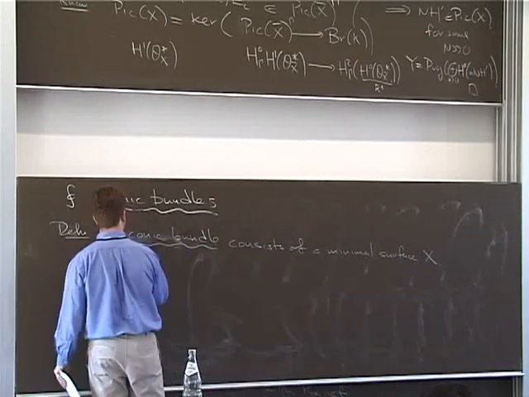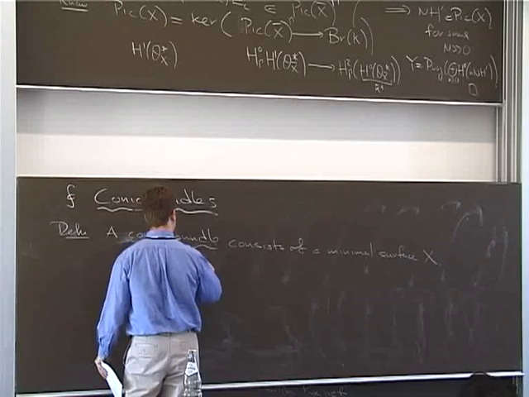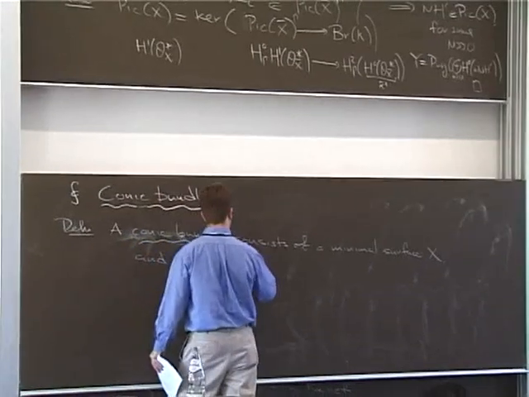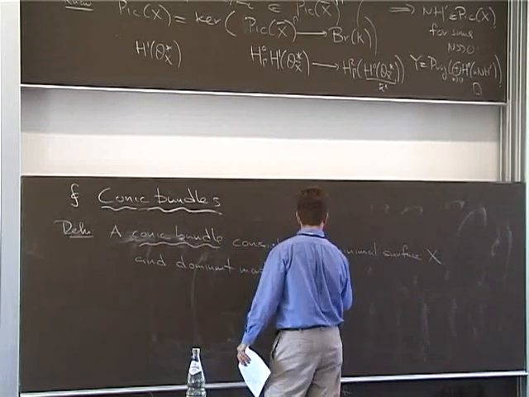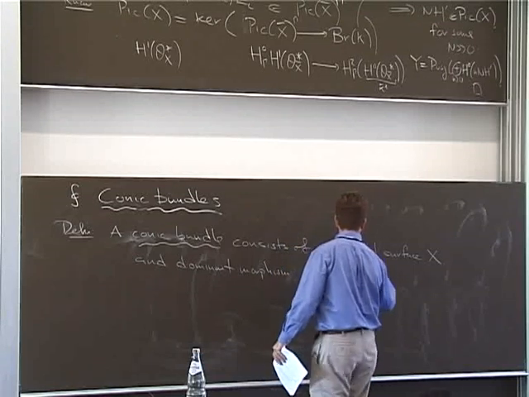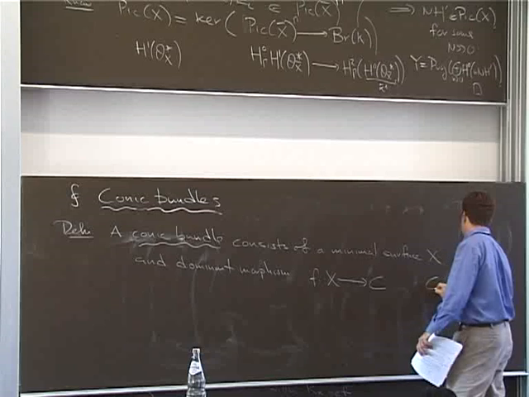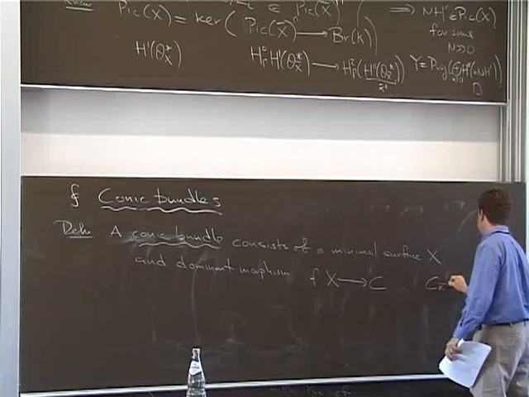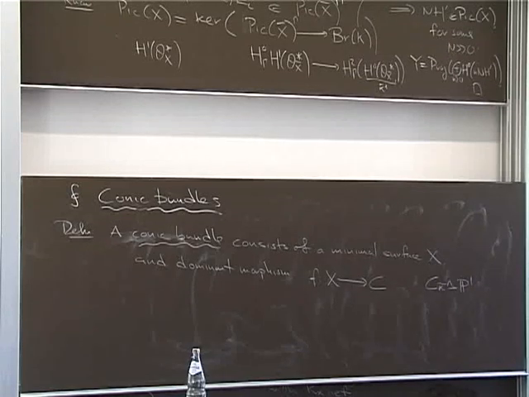And the dominant morphism f from X to C, where C is isomorphic to P1 over the algebraic closure. C might not be P1 over the ground field.